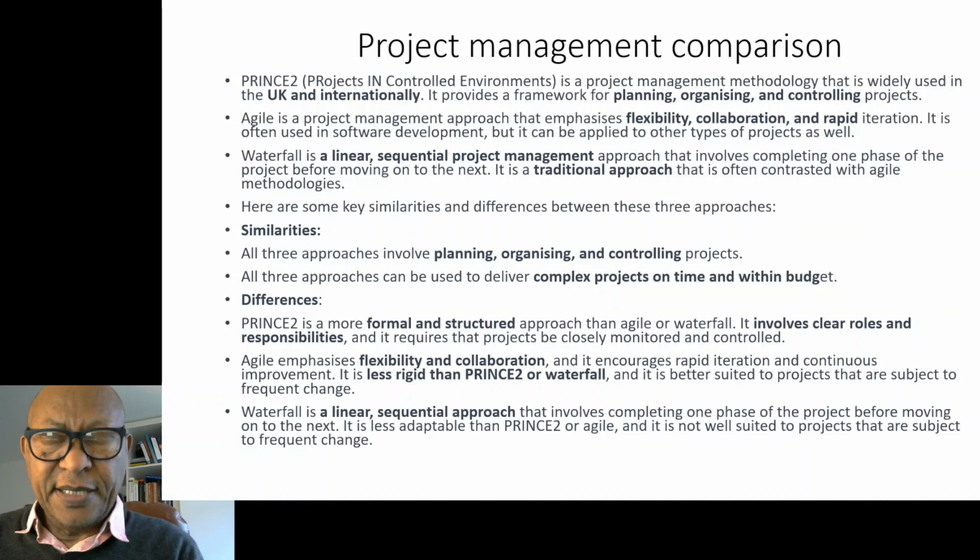The similarity between these three project management approaches is that the planning, organizing, and controlling of a project is similar. They have that approach that you have to control all three elements. So all these project management approaches can be used for complex projects in terms of producing the products on time and within the budget.